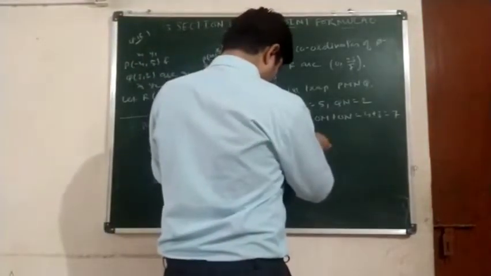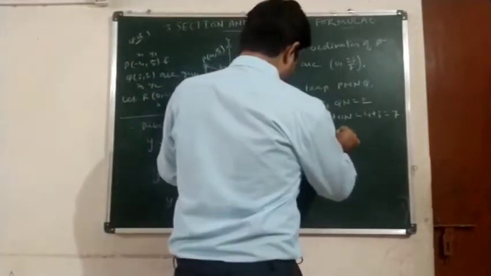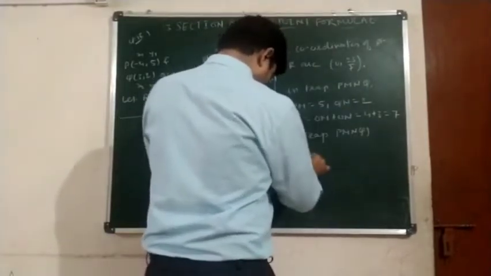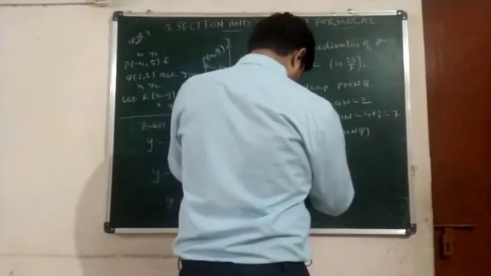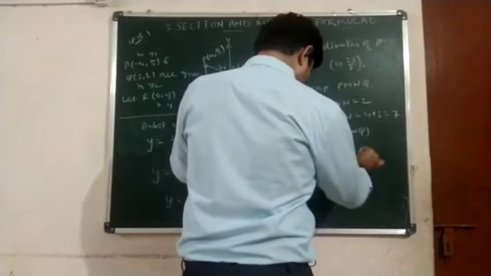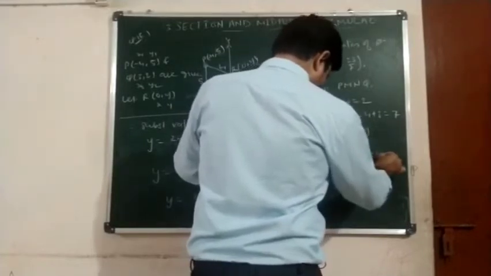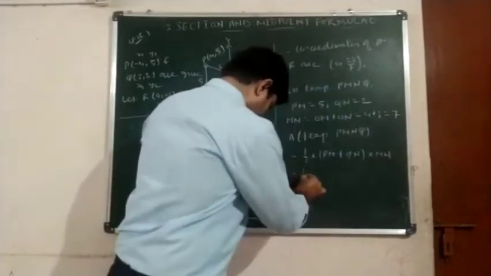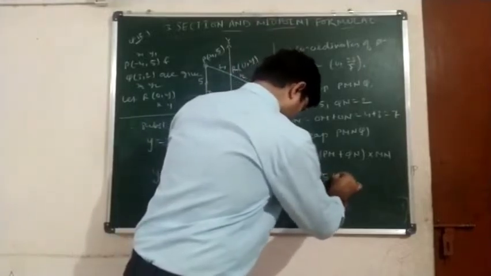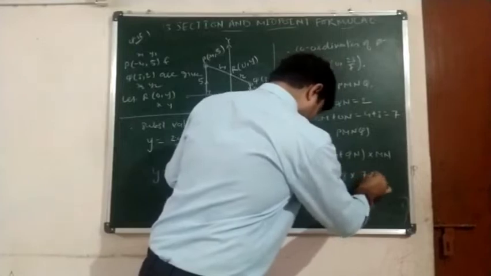Therefore area of trapezium PMNQ is equal to half into sum of parallel sides, that is PM plus QN, multiplied by distance between them, that is MN. So half into (5 plus 2) into 7.